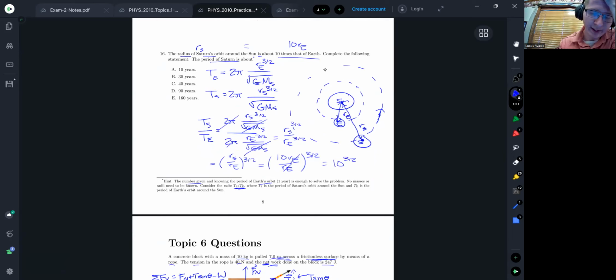Or if we multiply through by TE, maybe we'll do that over here. TS, the period of Saturn's orbit, is 10 to the 3 halves power times the period of Earth's orbit, which is 10 to the 3 halves times 1 year. Which is, how many years is that?